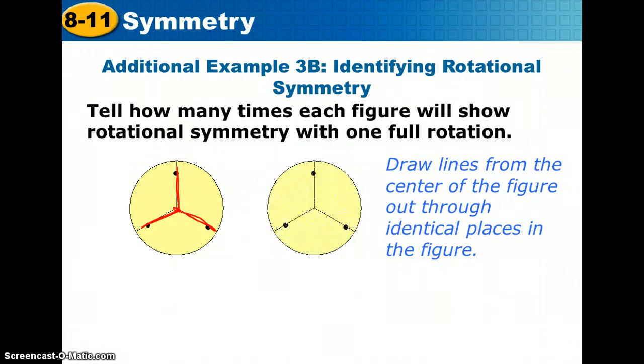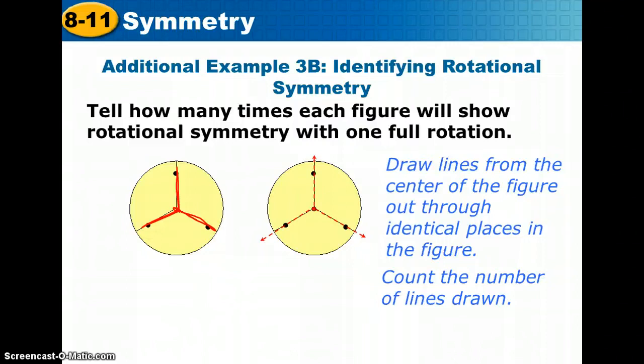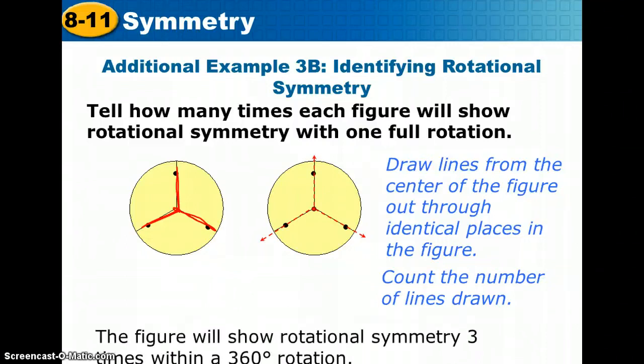So I bet I will have, counting my number of lines, 3 rotational symmetries, because if I take this to this, it's the same amount of space. Here to here, it's going to look the same, and here to here. 1, 2, 3 matches up with my 3 lines that I've drawn.